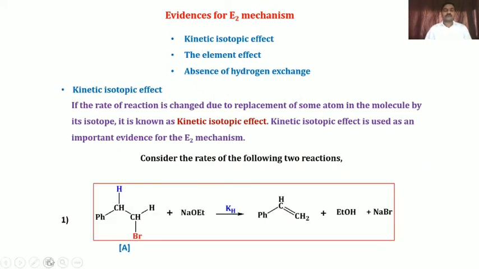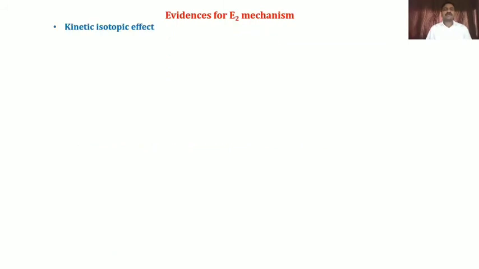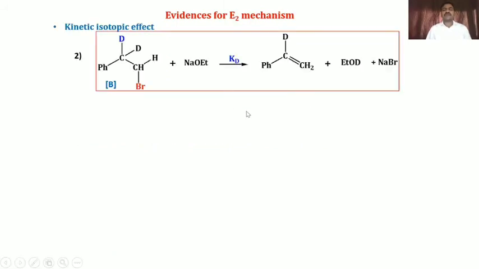Here we will consider the following two reactions to study the kinetic isotopic effect. First, compound A, that is 2-phenyl ethyl bromide, on reaction with sodium methoxide. Suppose the rate of this reaction is considered as Kh. It gives styrene as a product and gives these byproducts. Similarly, the other reaction is carried out under identical conditions.